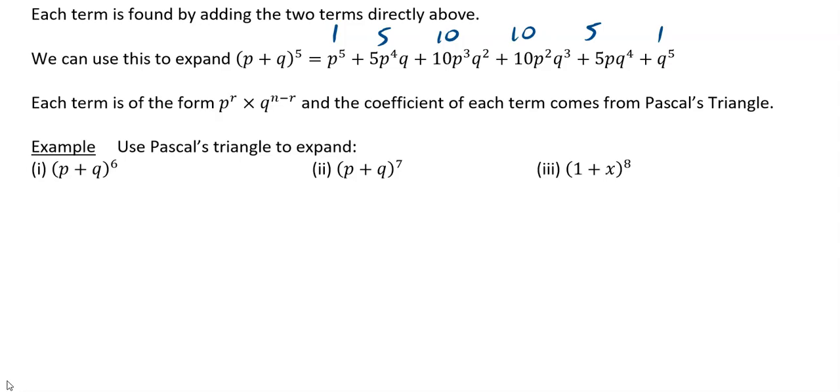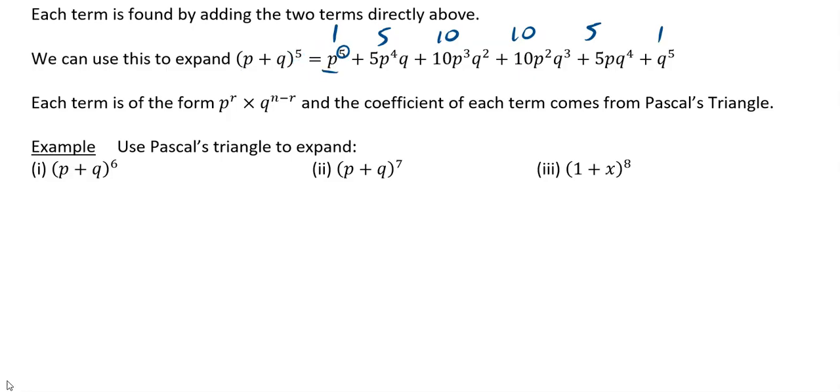So, very importantly, if it's p plus q to the power 5, 5 is the biggest power that anything could have been. So power 5 is the biggest power that p could be when you do this expansion. Power 5 is also the biggest power that q can be. And also, equally important, your first term is p to the power 5.